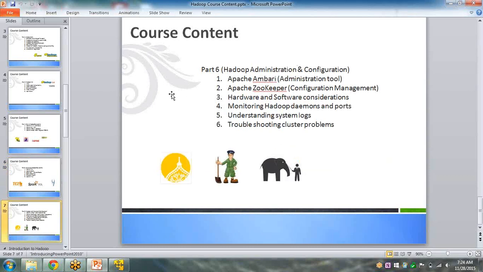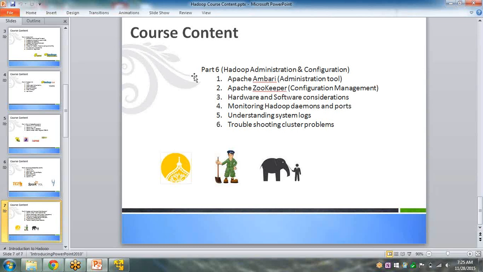The last part would be the administration aspect of it. In earlier days, you needed to understand a lot of commands to look at the Hadoop environment. Let's say if you're adding more nodes or duplicating nodes, you needed to tackle a lot of scripting.